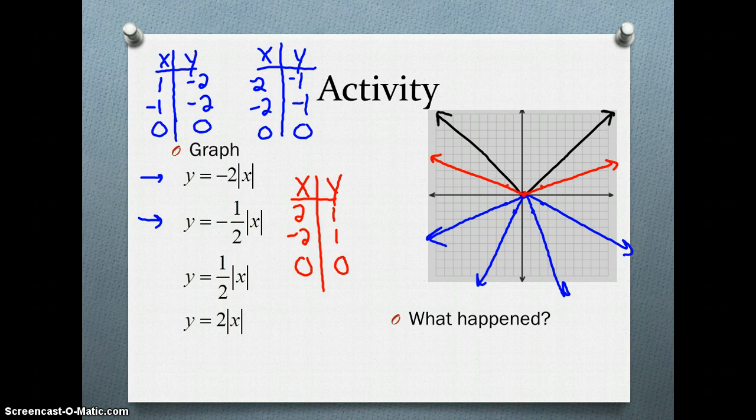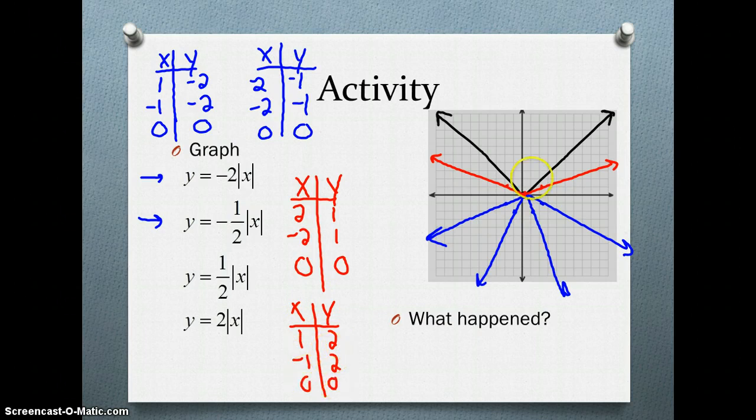And as you can see, those two with the fractions, between -1 and +1, those made it wider. You can really see it in this red graph because it's right underneath the absolute value of x. Those fractions like that will make these wider. Okay, and as we look at this last one, we'll end up with 1, 2, negative 1, 2, and then 0, 0.